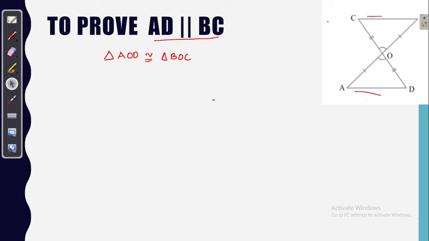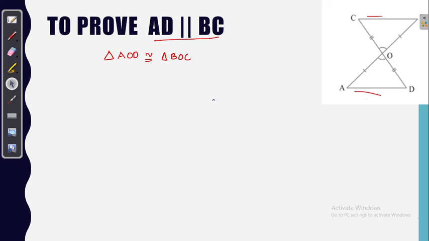Ma'am, can I? Yes, Harika. Ma'am, if two lines should be parallel, then we have three statements, ma'am. We have studied in the last chapter. Yes, we can use that.